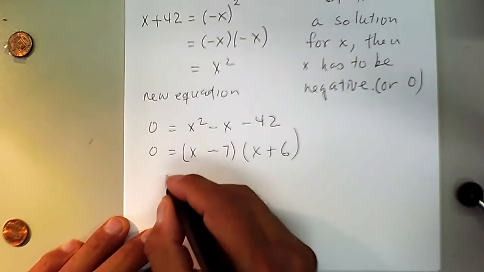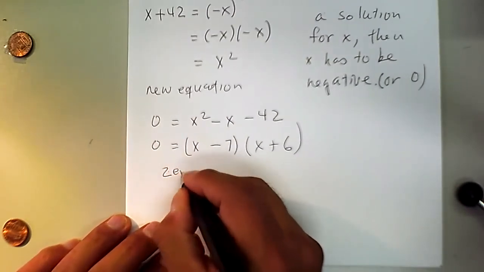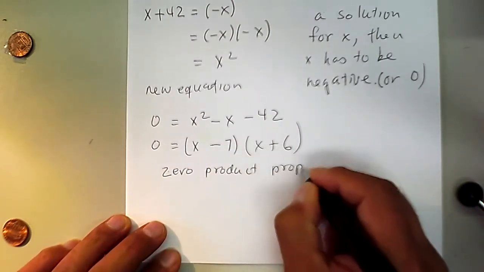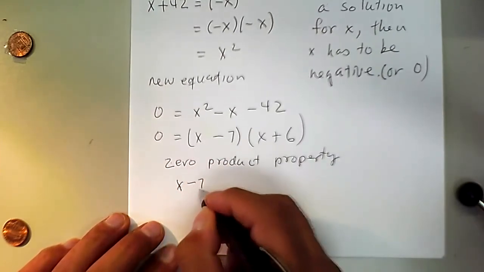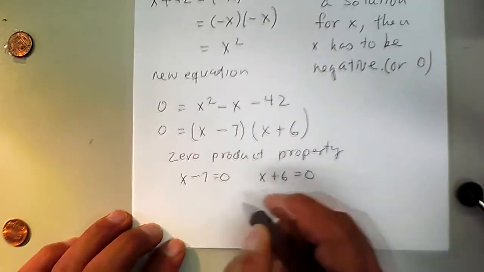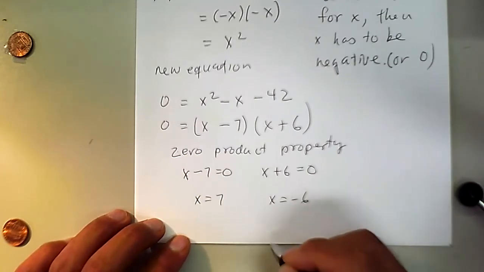Well, let me invoke the 0 product property. So x minus 7 is equal to 0, or x plus 6 is equal to 0. So x is 7, or x is negative 6.